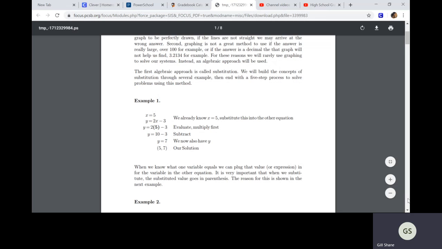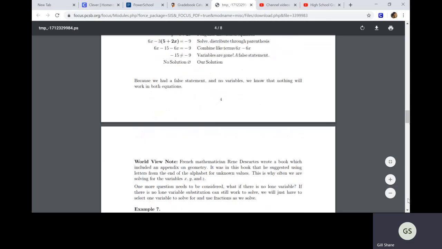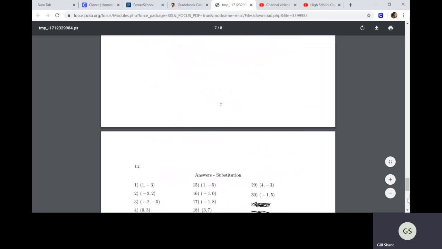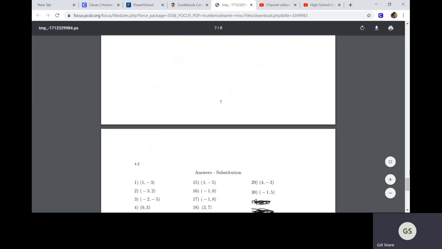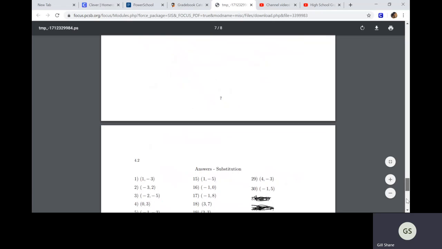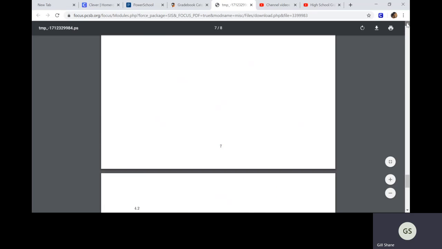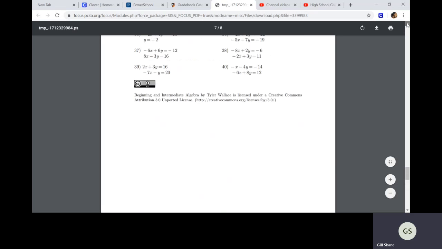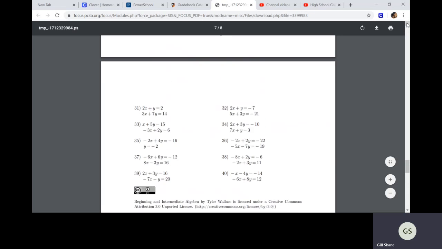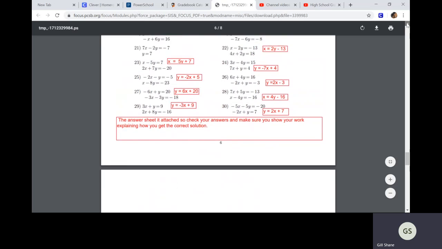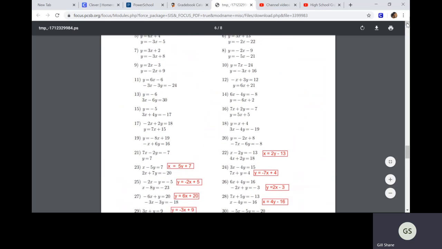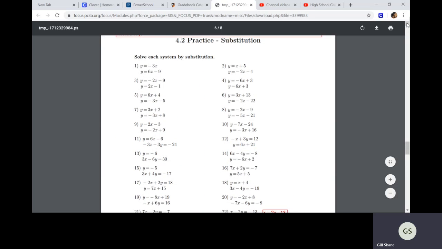You need to use those examples, though, to help you with the actual problems, which are on the last, not the last 2 pages, because here's the last page. I'll just show you. The last page is all the answers. So you can check your answers by using the last page. On pages 6 and 7 are the problems that you need to do. They are systems of equations problems. You need to solve for x and for y.